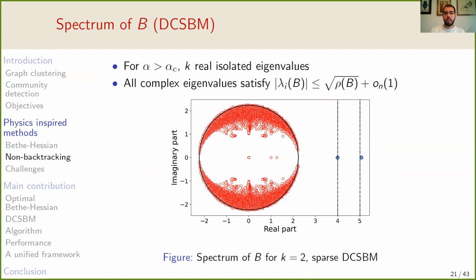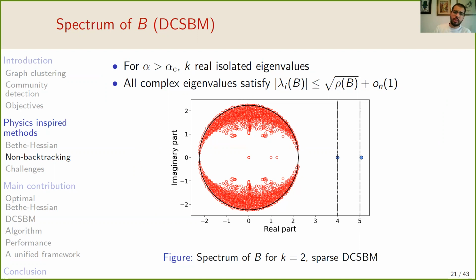For a graph with k communities, however, we have k isolated real eigenvalues outside its bulk that are here plotted in blue, while all others are bounded by a circle in the complex plane of radius the square root of rho_B, where rho_B is the leading eigenvalue of B.